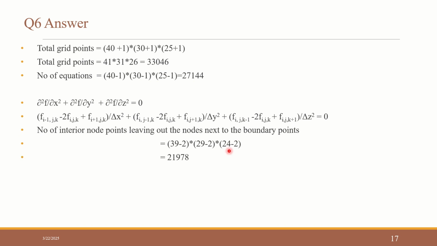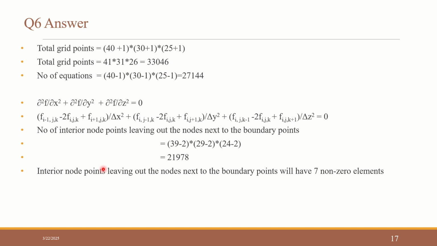And what will we get? We will get 21,978. So interior node points, leaving out the nodes next to the boundaries, will have 7 non-zero elements. All the elements will be non-zero.